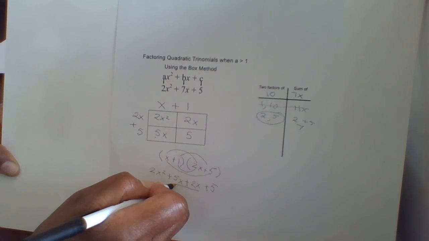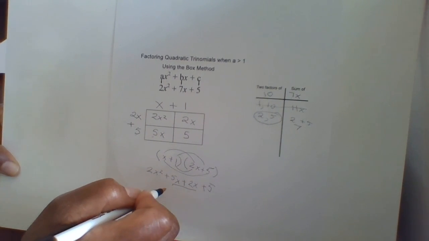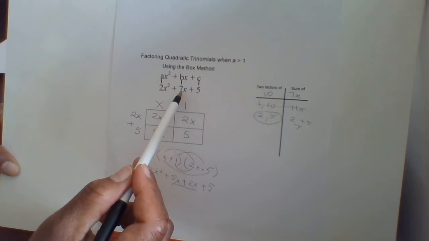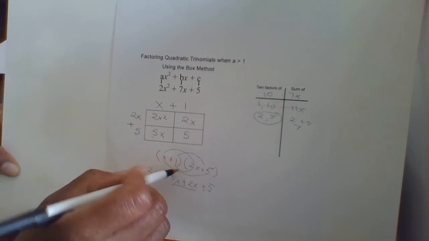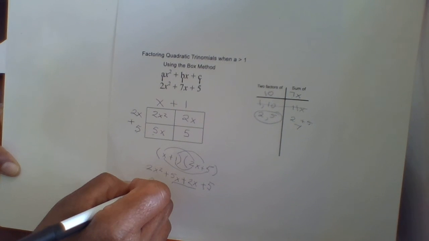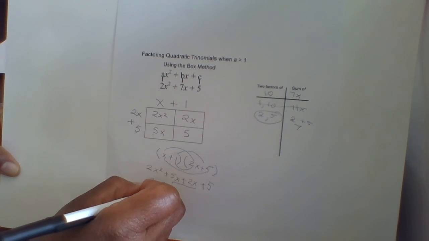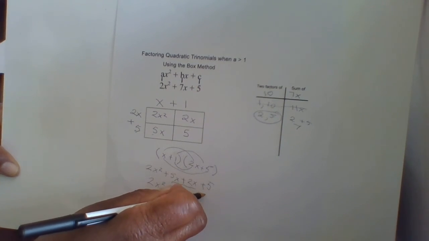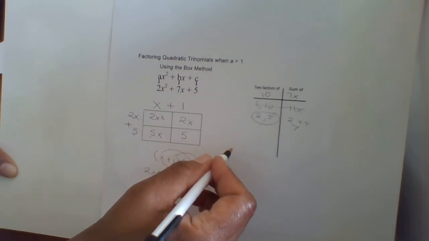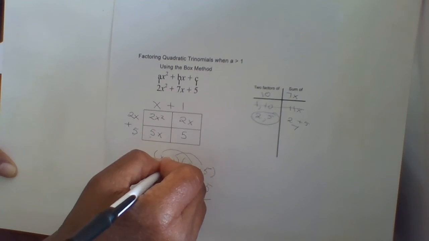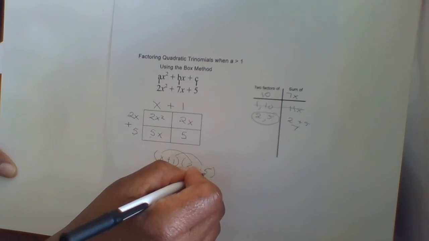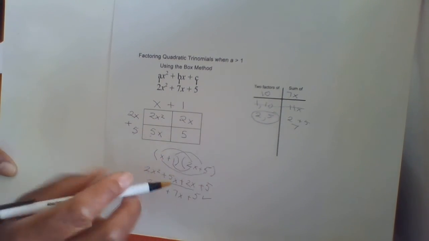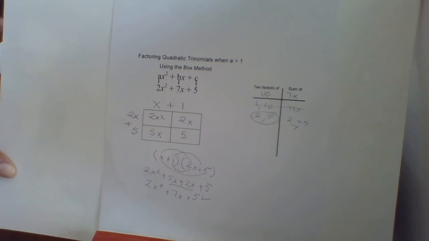And if you notice, the middle term, when you combine them together, gives me the 7x. So I'll end up with what I started out with, which is 2x squared plus 7x plus 5. It checks out. So my final answer is x plus 1 times 2x plus 5. And both binomials are in their separate parentheses.